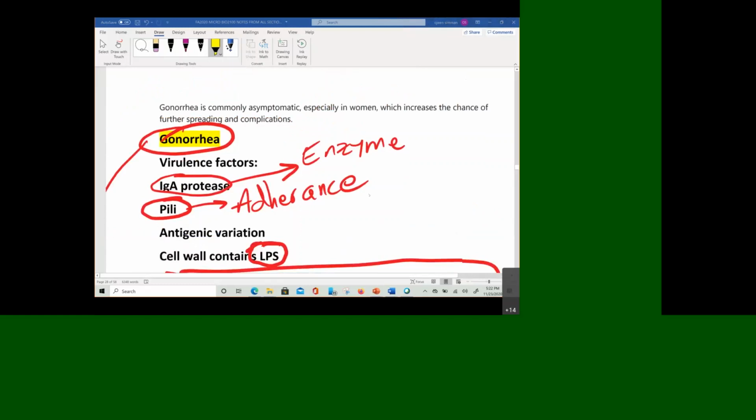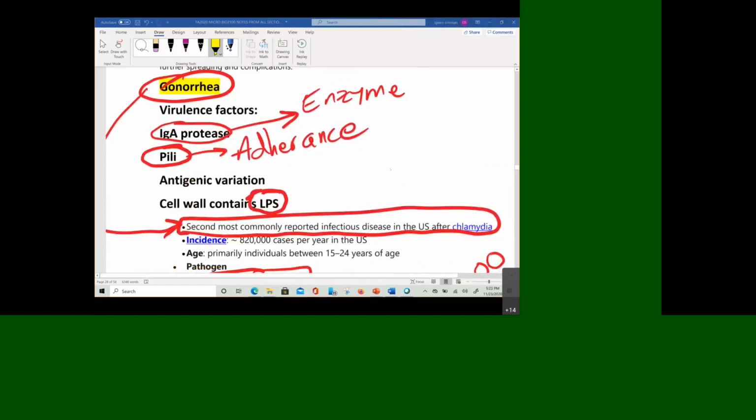First thing we need to know about gonorrhea is that it is the second most commonly reported infectious disease in the US after chlamydia. Chlamydia is the number one most commonly reported infectious disease, not STD, infectious disease in the US.